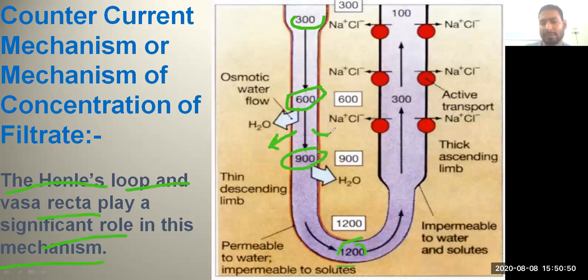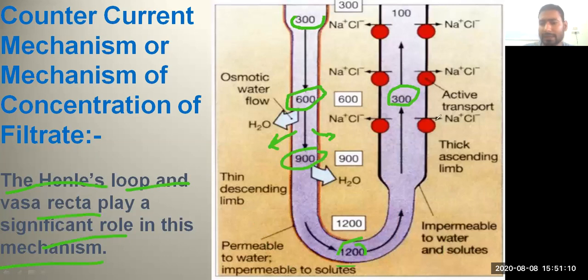The same thing happens here, but after that you will see the U-shaped loop of Henle. When you move along the ascending limb of the loop of Henle, which is thick, the concentration goes down. Why?